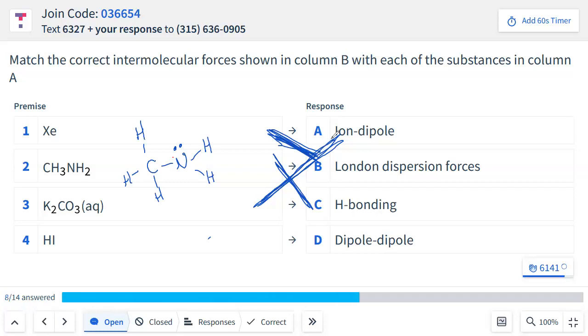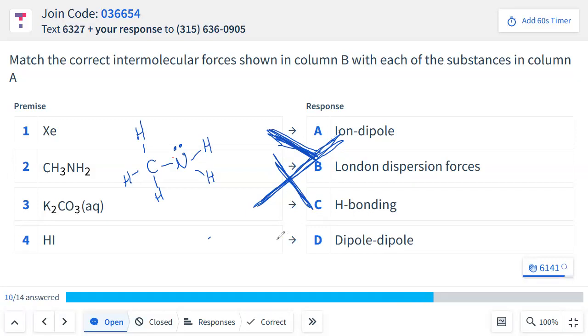The dipole comes from water. The fact that it's aqueous means that it's dissolved in water. So I've got ions from the potassium and the carbonate, and dipoles from the water molecules. When those two things interact, ion dipole forces are the result.